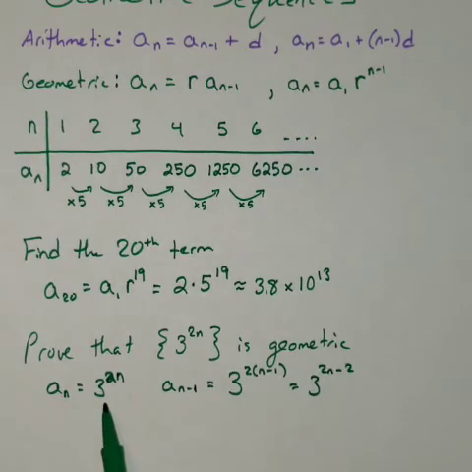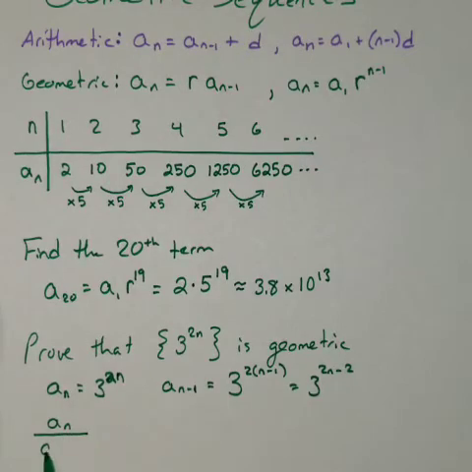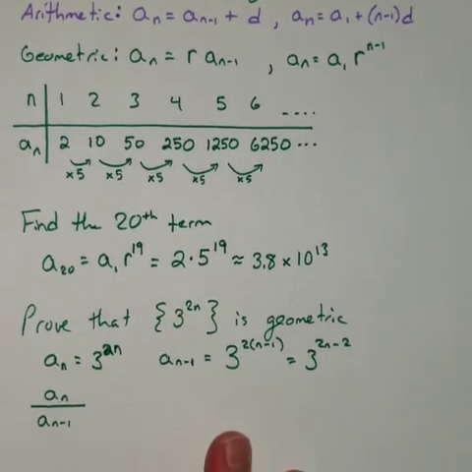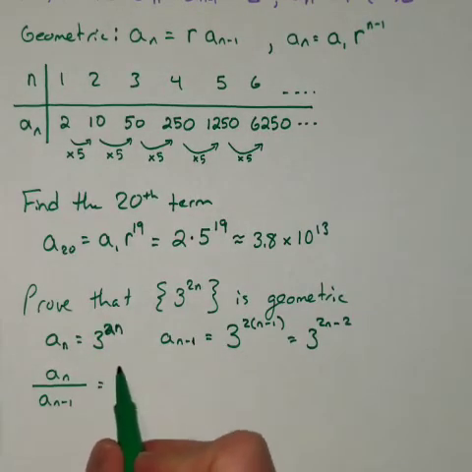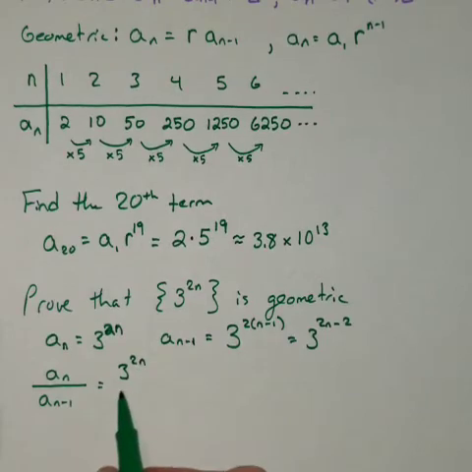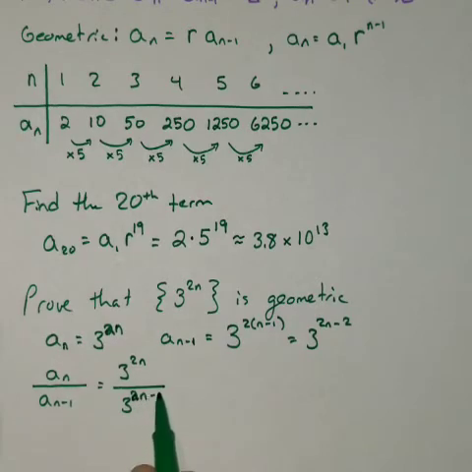And I want to show that the ratio between those two things is constant. Right? So if I take a sub n and divide it by a sub n minus 1, I should get a constant if this is a geometric sequence. So I take 3 to the 2n over 3 to the 2n minus 2.